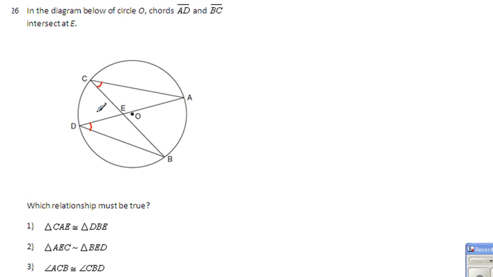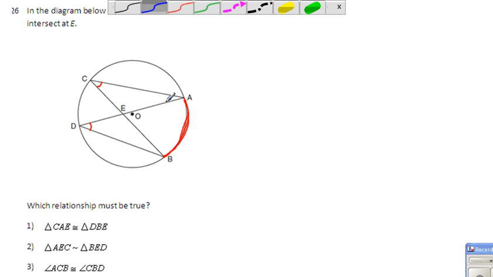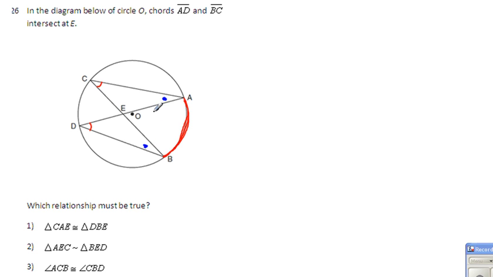Because both of them are inscribed angles to the same arc, which makes these two must be half of the same arc, making them equal to each other. So as the other angles right here, angle A and angle B, they have to be equal to each other too, because they are opposite of the same arc.